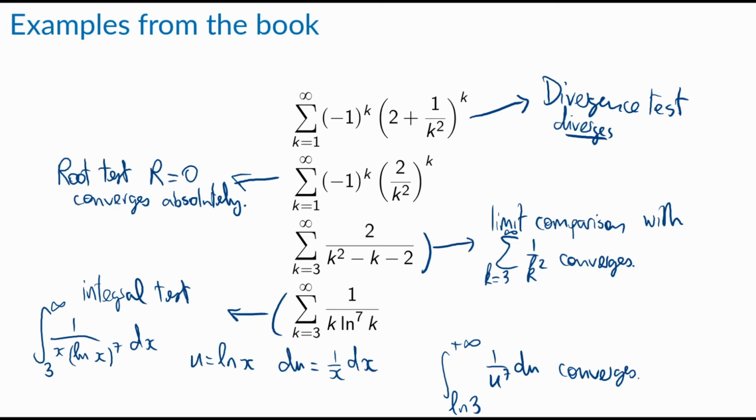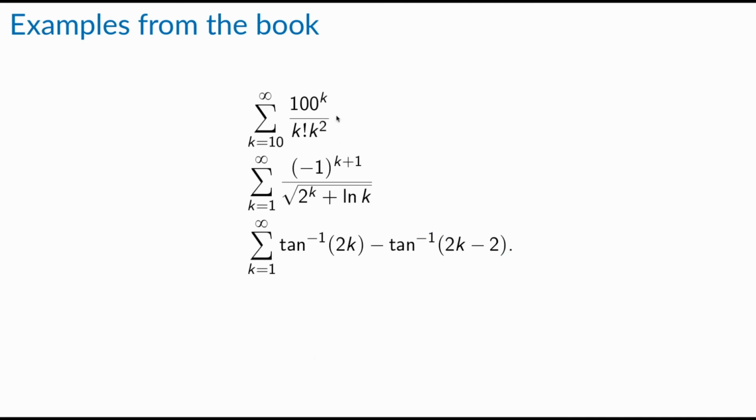Okay, let's do a couple more examples of this nature. So here I have 100 to the k over k factorial times k squared. This thing, right, that screams out ratio test.